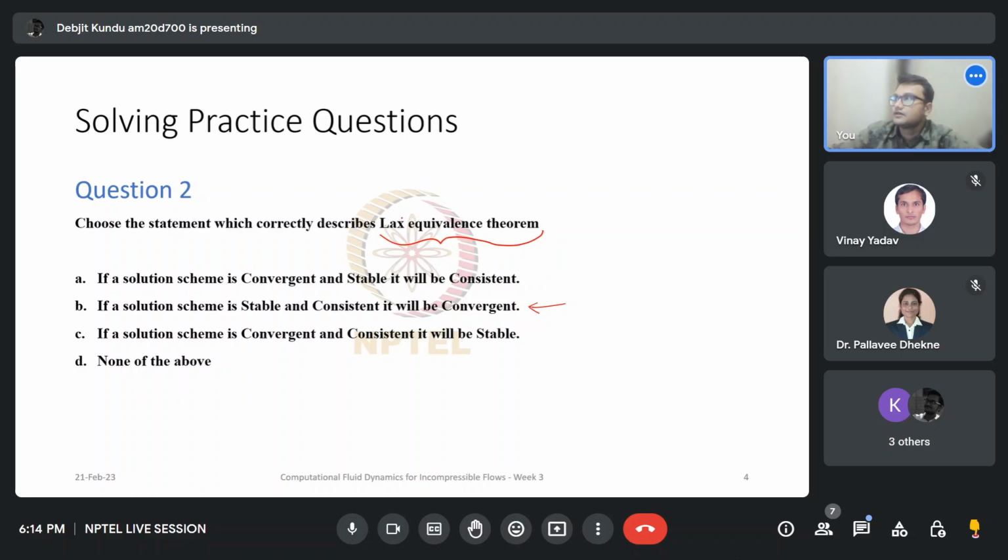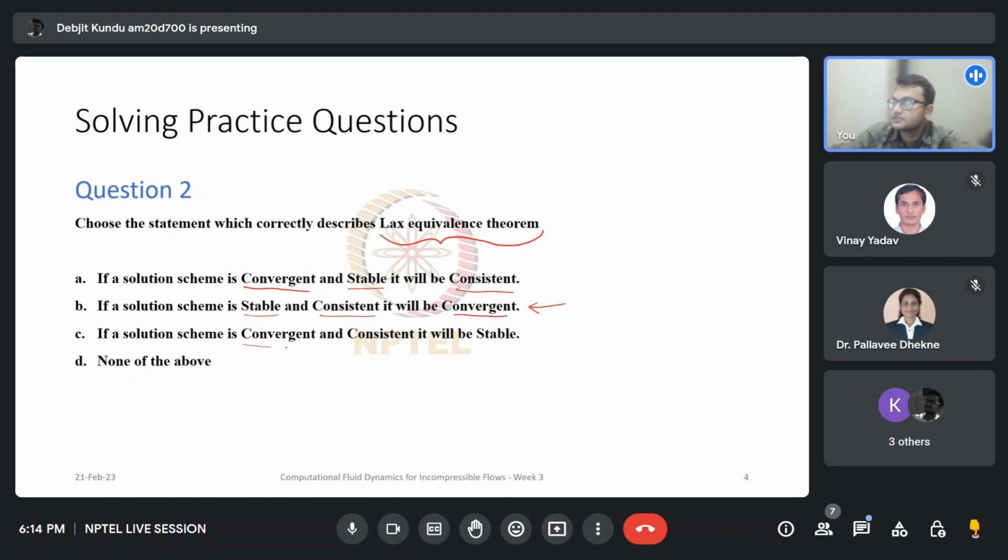So we're focusing on the Lax equivalence theorem, and we have to choose a statement which correctly describes that theorem. Option A is if a solution scheme is convergent and stable, it will be consistent. Option B is if it's stable and consistent, then it will be convergent.